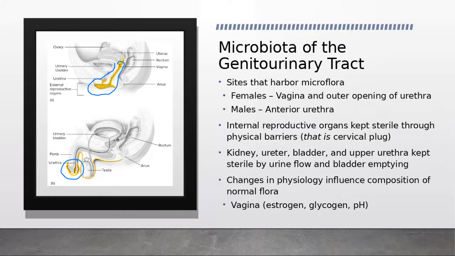The upper part, like the bladder, kidney, and testicle, they are sterile. The same with the uterus, for example. Kidney and bladder are also sterile tissue. So no microorganism lives in the sterile tissue. If they infect the sterile tissue, then we have an infection.